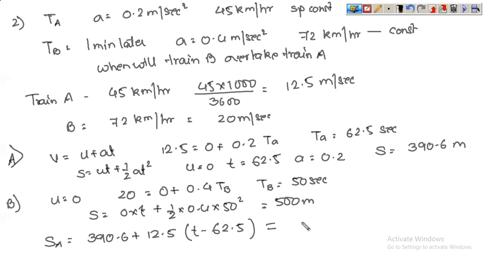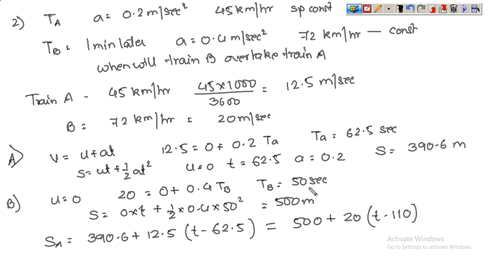Now this will be equal to the distance traveled by train B. It is 500 meters plus 20 meters per second multiplied by (t minus 110). Why this 110?